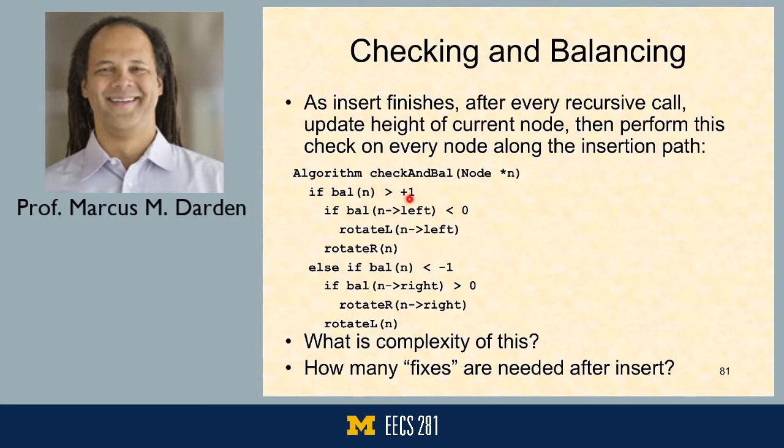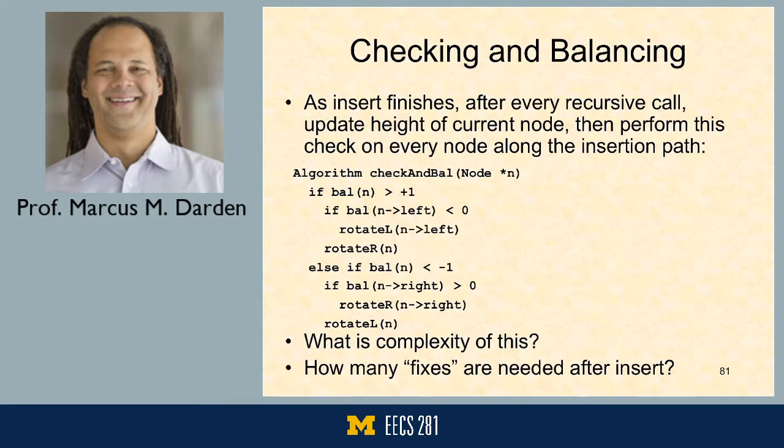It can never be worse than plus 2 or minus 2. So if my balance is greater than plus 1, I just inserted this and now my balance is plus 2. To fix a plus 2 balance, I am going to rotate right. You can see that here. And to fix a minus 2 balance, I'm going to rotate left. No matter what, eventually that's how you fix those imbalances.